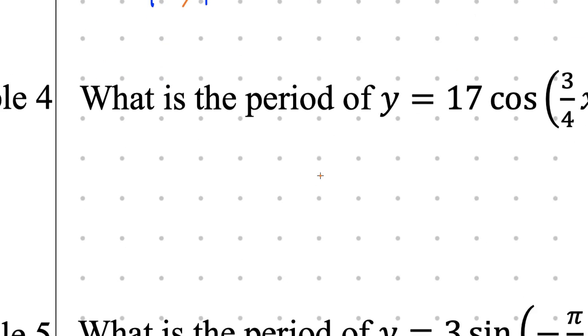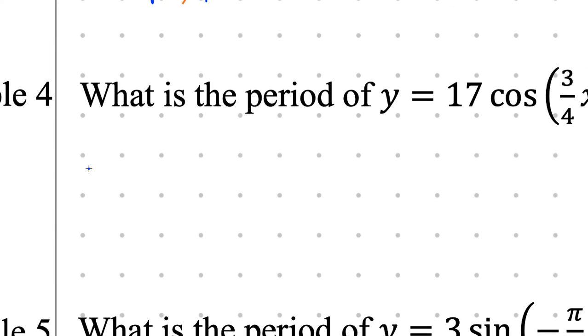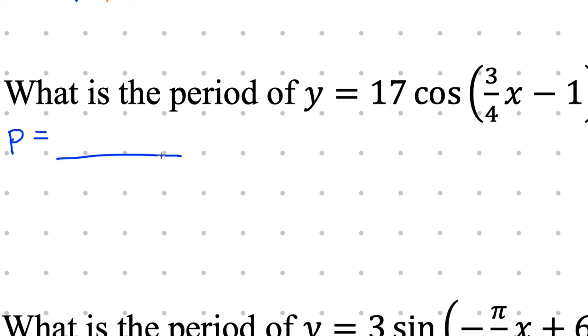Let's try another one. Rewrite the formula. P is equal to something over something. I'll give you the fraction symbol. I want to get more participation in here. Emily.